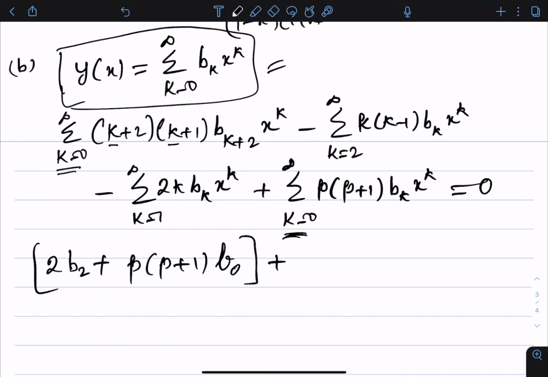Now look at k equal to 1 terms. So k equal to 1 terms come here, and here. So 3 such terms. So k equal to 1 makes it 3 into 2, 6.